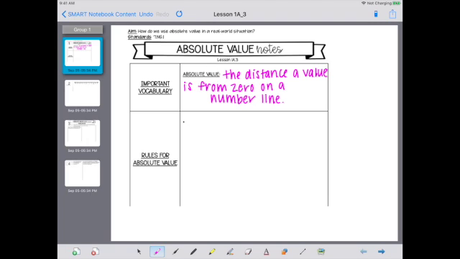Now, depending on your teacher in the past, you might have gone over absolute value, which is okay. Again, the majority of Unit 1 is a big review of 6th grade and 5th grade. So just a couple of rules for absolute value to go over and review. The first thing you want to remember is your answer for absolute value is always going to be positive.